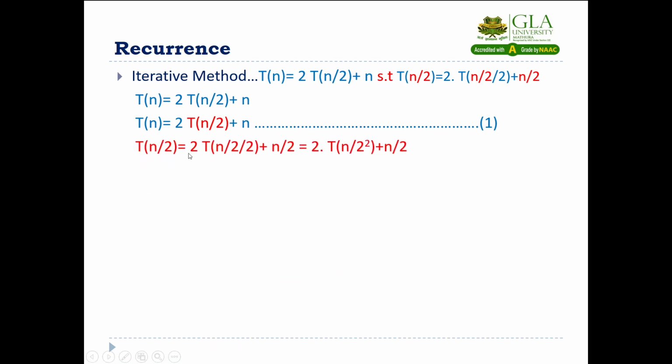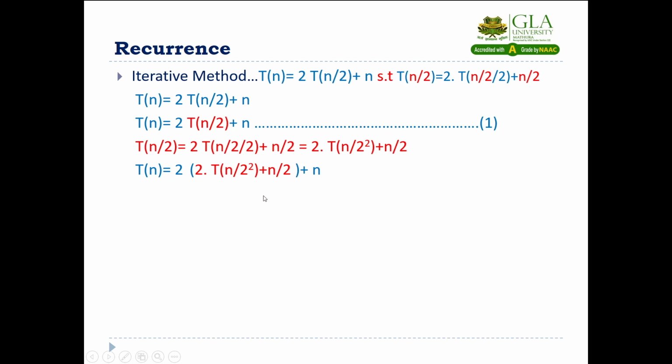That will give you T(n/2) equal to 2T(n/2/2) plus n/2. So if you find the solution, it will be 2T(n/2^2) plus n/2. Now this value you will put into equation number 1 in place of T(n/2). So 2 will remain as it is, and we place the expansion of T(n/2) in place of T(n/2). So you put this 2T(n/2^2) plus n/2 here, and plus n is already there.